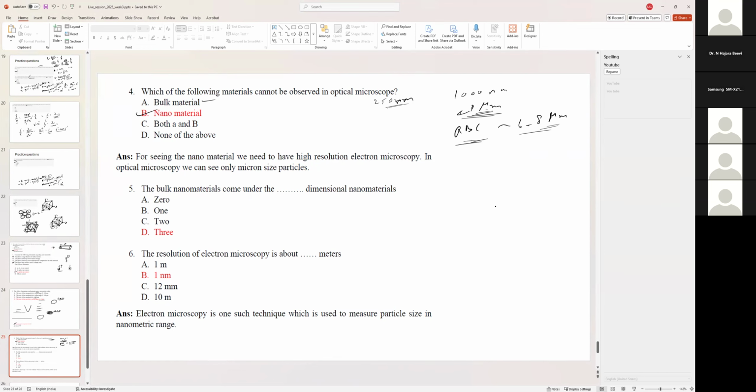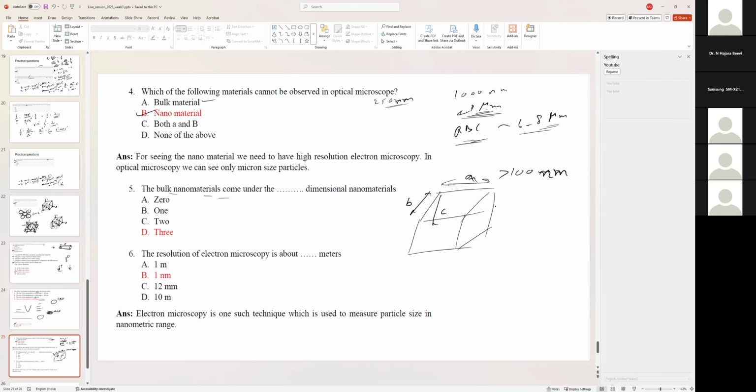Bulk nanomaterials, as we discussed, are where all three dimensions are out of the nanometer length. A, B, and C are all greater than 100 nanometers.